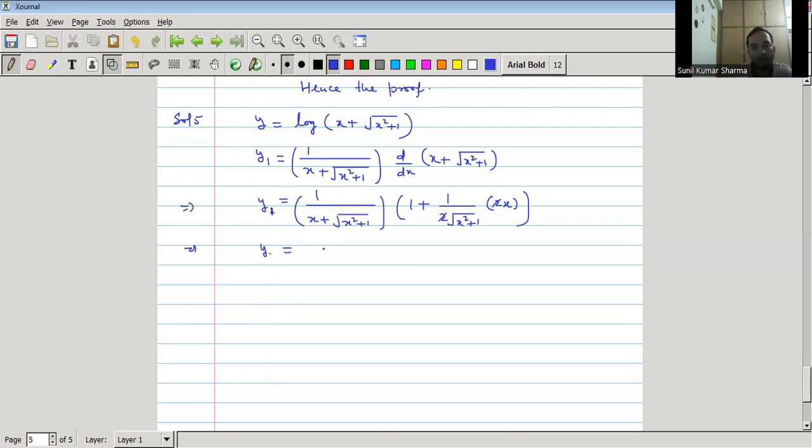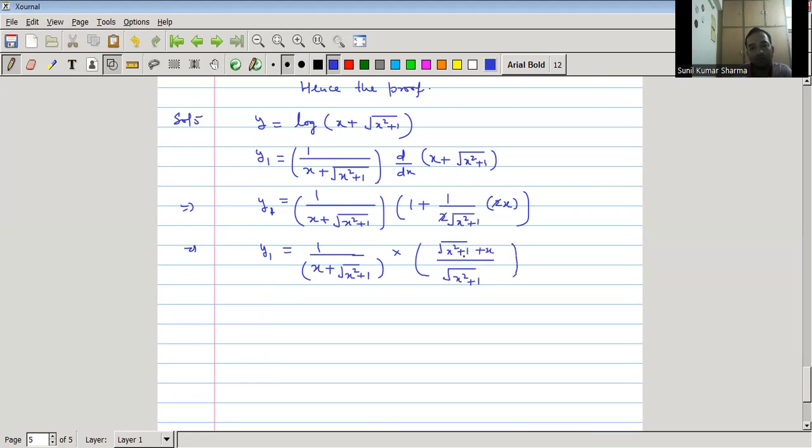this implies y1 is equal to 1 upon x plus under root x square plus 1 into, you can take under root x square plus 1 as LCM, and this is under root x square plus 1 plus x.